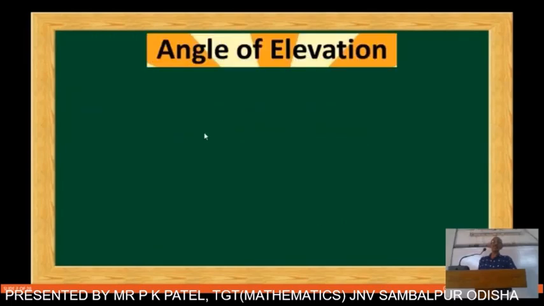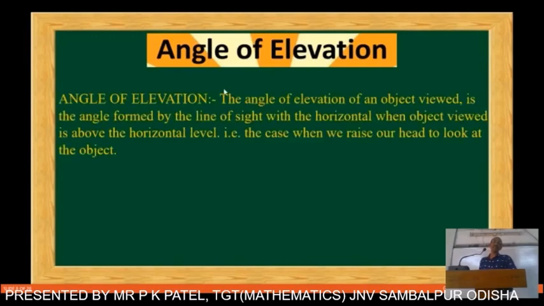Take another term, angle of elevation. The angle of elevation of an object viewed is the angle formed by the line of sight with the horizontal when the object viewed is above the horizontal level. That is the case when we raise our head to look at the object.